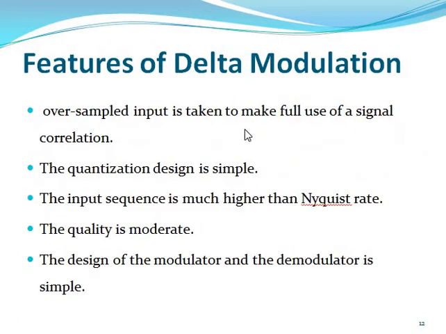So we can look at the features of delta modulation. Each sample input is taken to make full use of the signal correction. The quantization design is simple. The input sequence must be higher than the Nyquist rate. The design of the modulator and demodulator is simple.